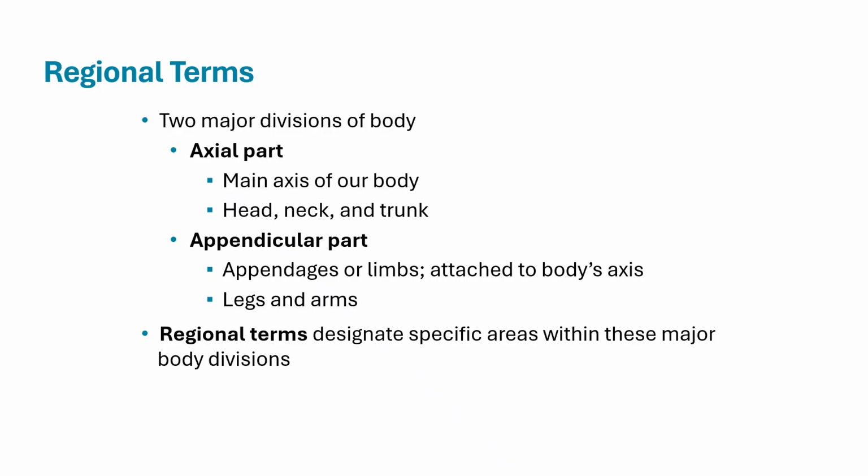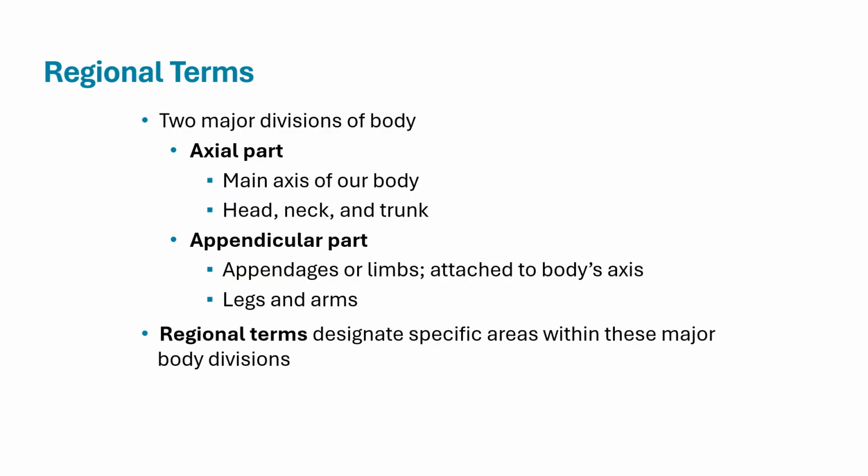Okay, so regional terms. When we talk about the skeleton or the body, we describe it in two ways. We have the axial part, which this is our axis of the body, the main axis. This includes the head, the neck, and the trunk, without the arms and legs. Okay, whereas the appendicular part includes only the limbs attached.